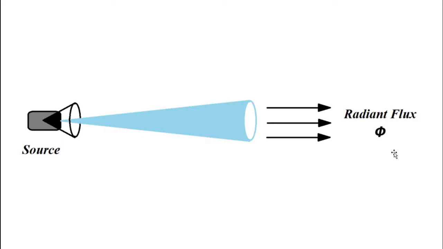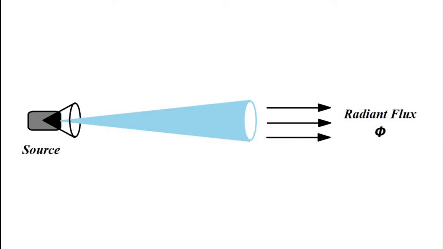In order to avoid confusion, you can use phi subscript r for radiometry and phi subscript p for photometry. It's up to you, but generally the same symbol is used. It is a good practice, whenever you use a symbol or a mathematical formula, to specify on the side what each symbol means. Here we denote radiant flux by phi, the radiant power emitted from the source.